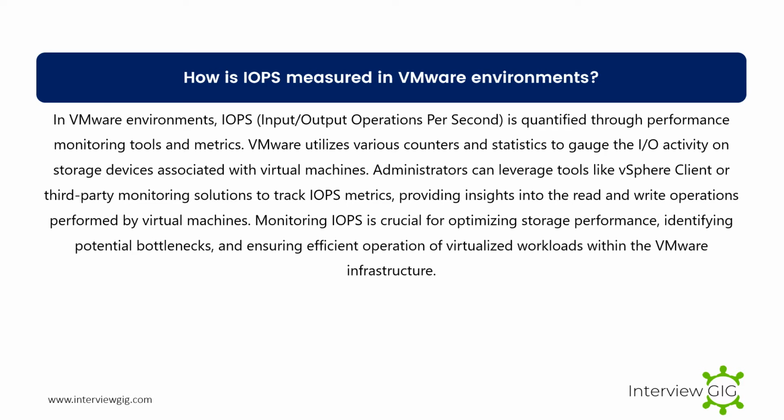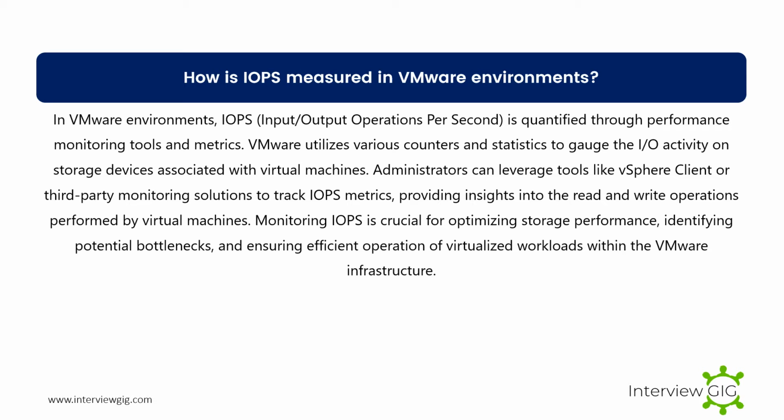How is IOPS measured in VMware environments? In VMware environments, IOPS, input-output operations per second, is quantified through performance monitoring tools and metrics. VMware utilizes various counters and statistics to gauge the I/O activity on storage devices associated with virtual machines.